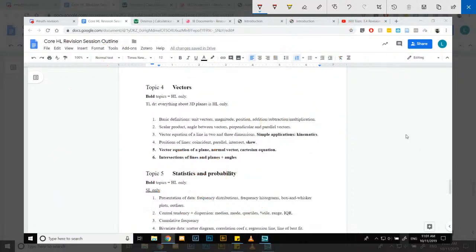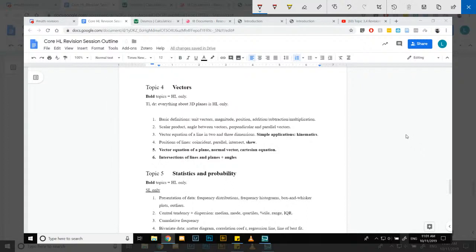Now, the most important one, actually. I feel like I can't explain this anywhere near as well as 3Blue1Brown could. I'm going to explain it in this revision session, but it would also be very helpful if you watch the 3Blue1Brown series on linear algebra, Essence of Linear Algebra.